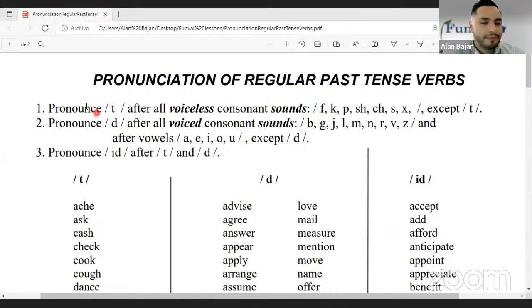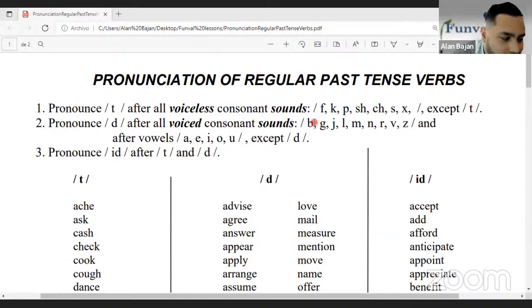Okay. First group, we pronounce the verbs in past with the sound of T. That's the sound of T when we have a voiceless consonant sound. What is a voiceless consonant sound?